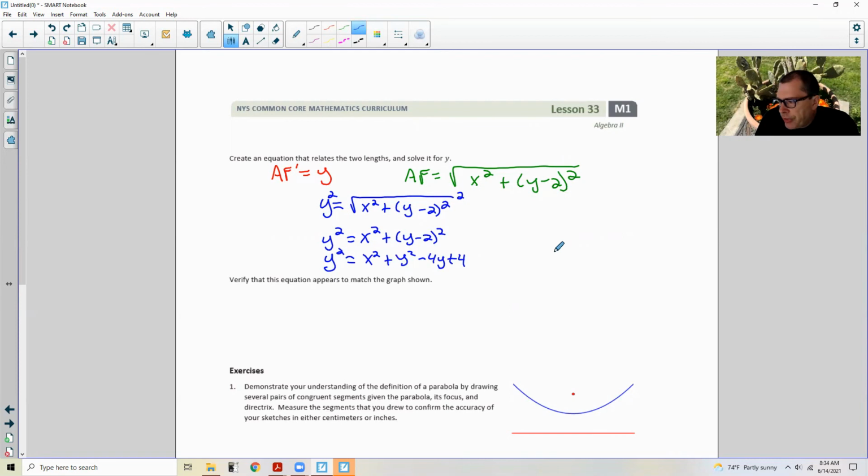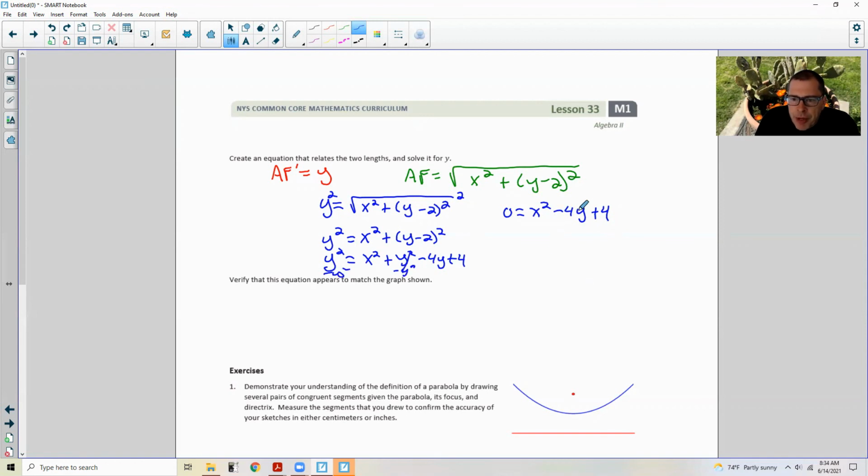Okay, so if I subtract y squared over, it's going to be 0 equals x squared minus 4y plus 4. Hopefully you saw that, minus y squared and a minus y squared. These will cancel. This will be 0 over here, and that's what I have here.